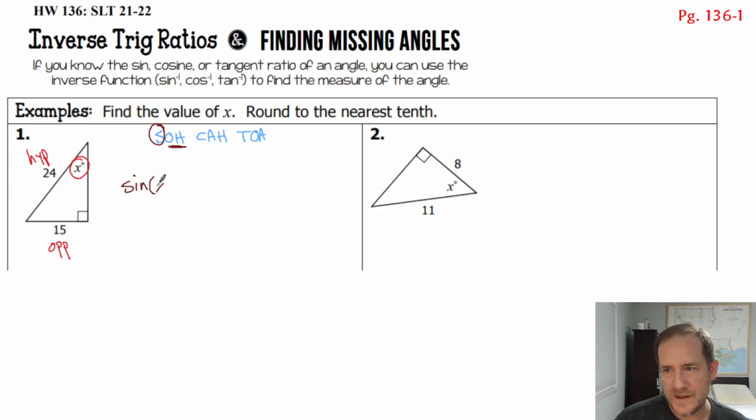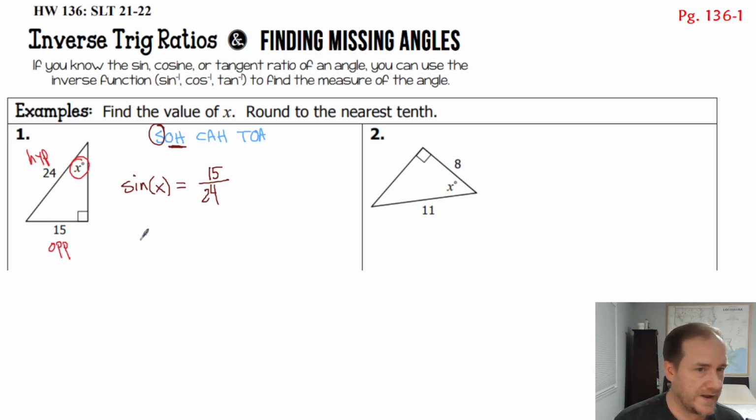So we know that the sine of angle x has to equal the opposite side, which is 15, divided by the hypotenuse, which is 24. And again, there's two ways to do this depending on what kind of calculator you've got.